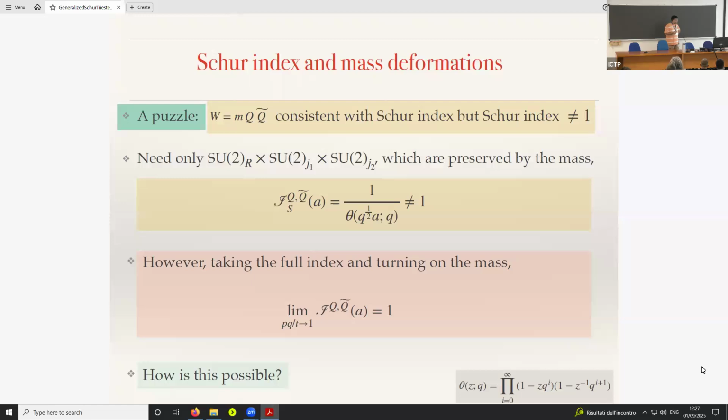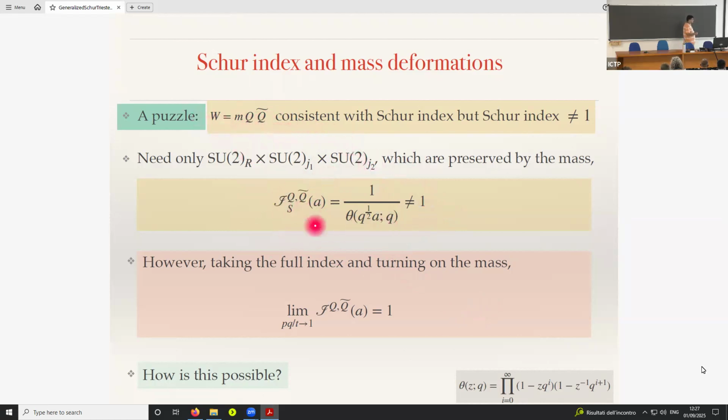So doing these operations in two different ways, you don't get the same result. And moreover, the puzzle, or semi-puzzle, is that the index doesn't trivialize for this theory, when naively the Schur index, again, is consistent with the mass term, again, naively.